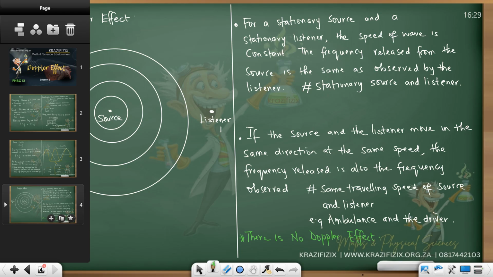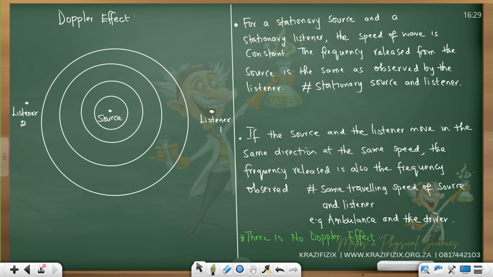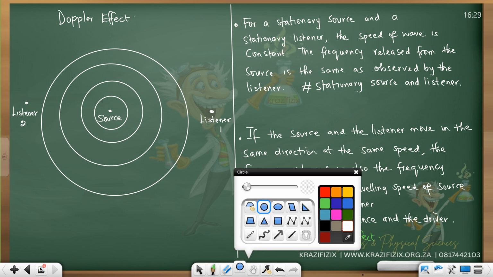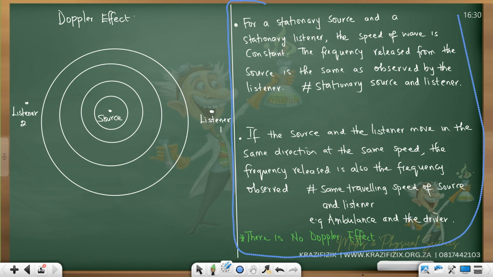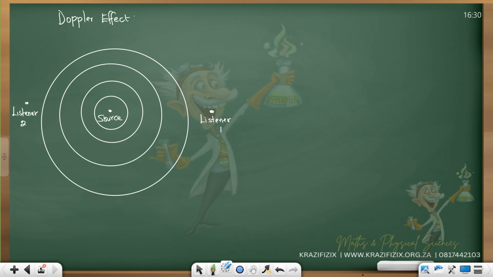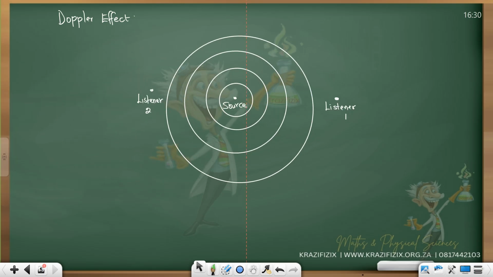Now, I want to go to a moving source. I wish I could animate this, but I need you to just visualize. I'm going to do two things. Look at this. I'm going to put this in the middle.